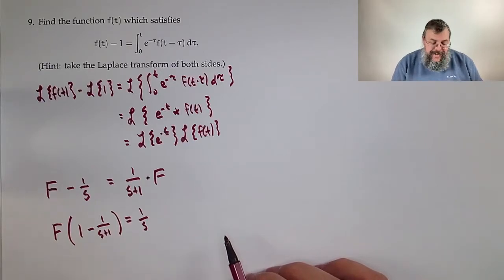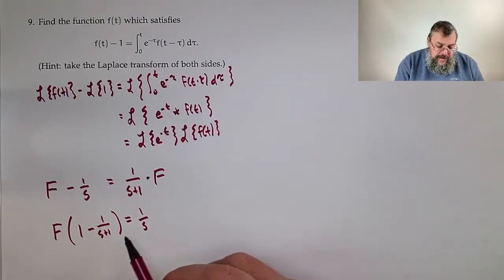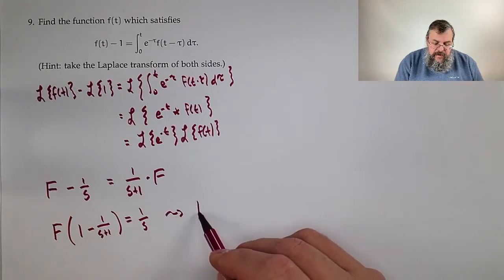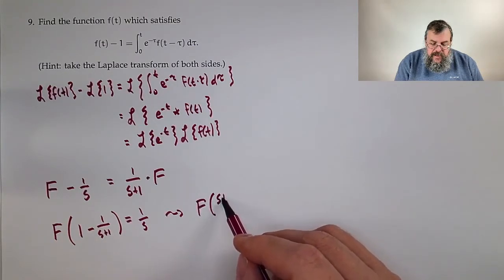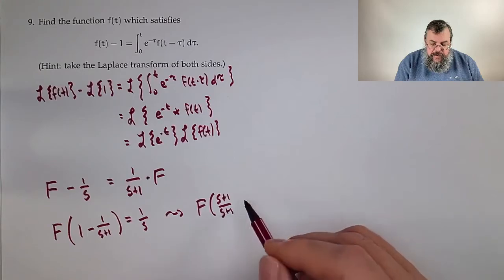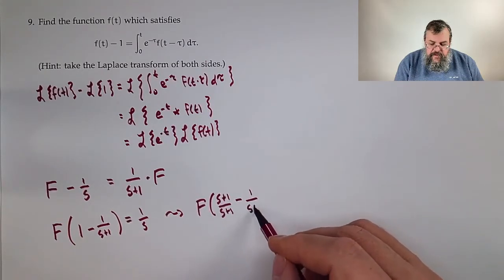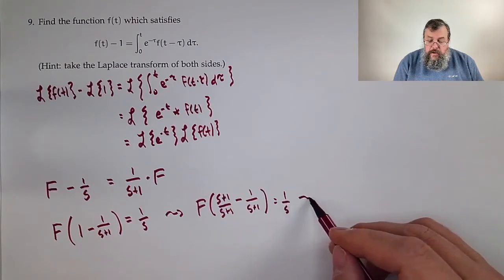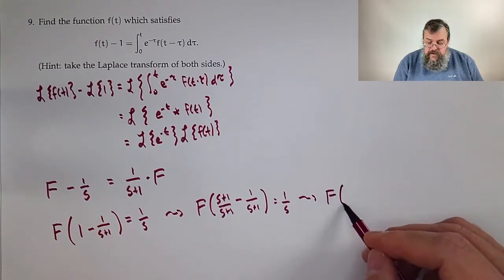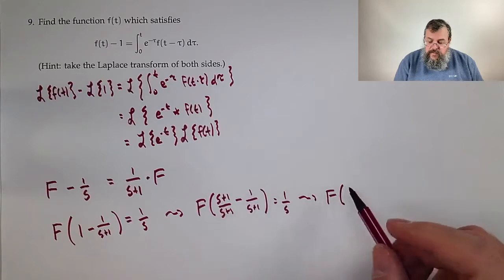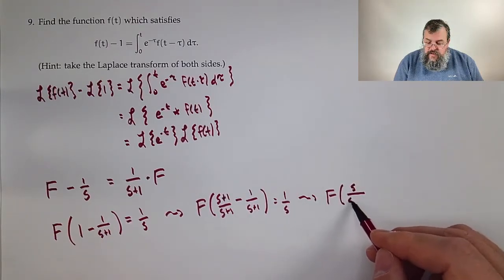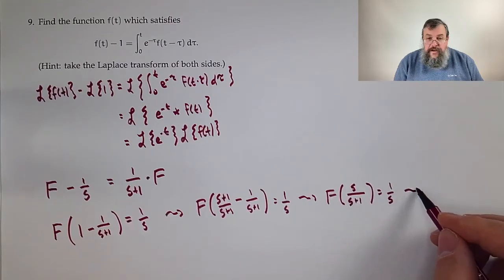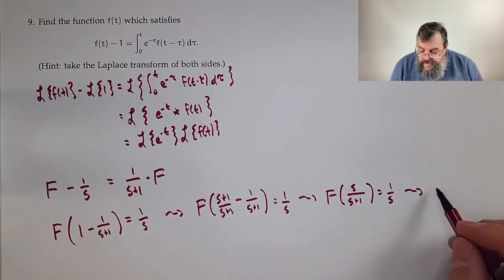Okay, all right. Now, we'll do it in slow motion: s plus 1 over s plus 1, subtract 1 over s plus 1 equals 1 over s, or F times s plus 1 subtract 1, which is s, over s plus 1 equals 1 over s. All right, we're going pretty good here.